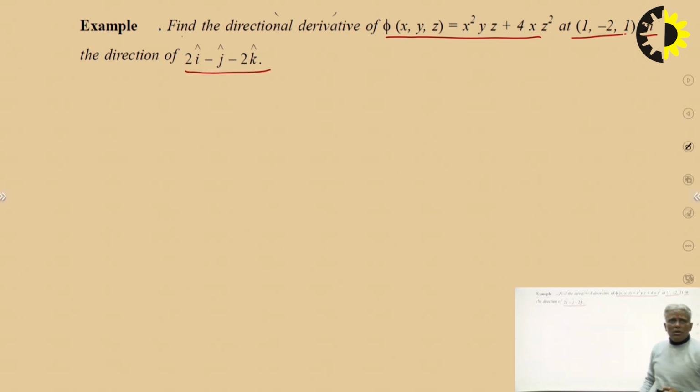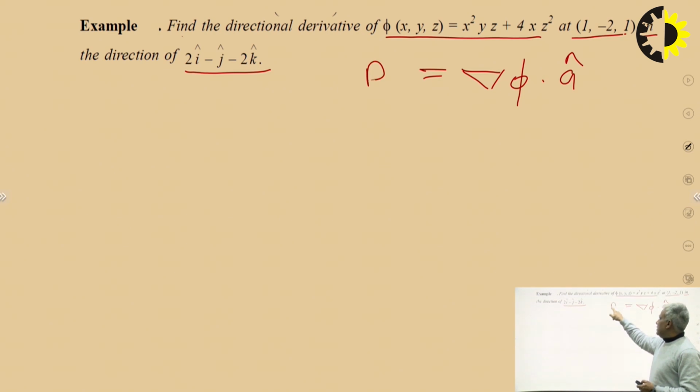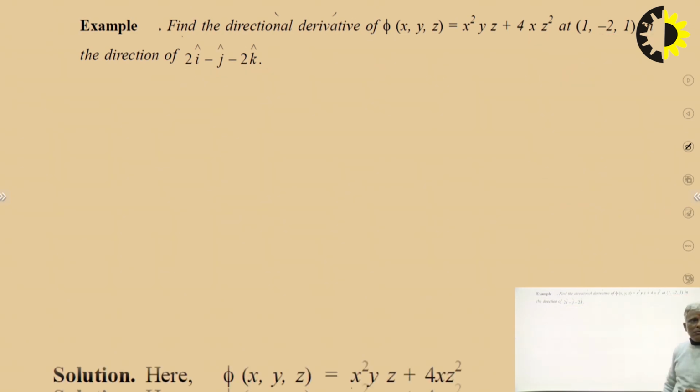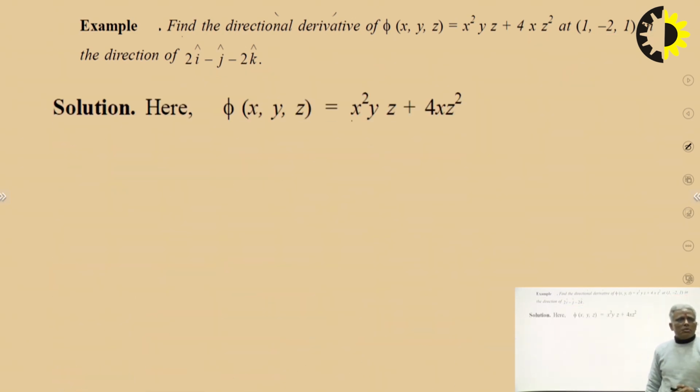So first of all, we find here del phi dot a cap. This is known as DD. DD means directional derivative of the given function. In this way, we find the value. How to? I explain here. So consider a scalar point function here, x squared yz plus 4xz squared.